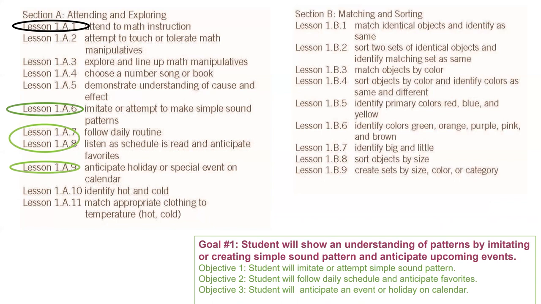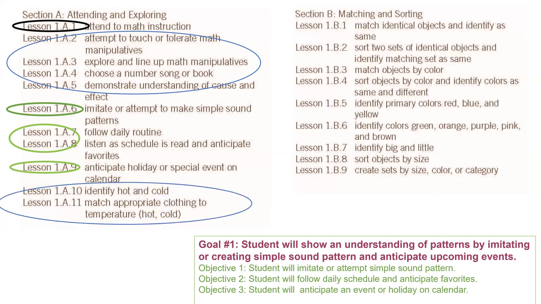I combined 2 of the lesson objectives to write 3 IEP objectives. And of course, I will include teaching lessons 1A1 to 1A5, and 1A10 and 1A11 in order to keep that sequence of learning intact.